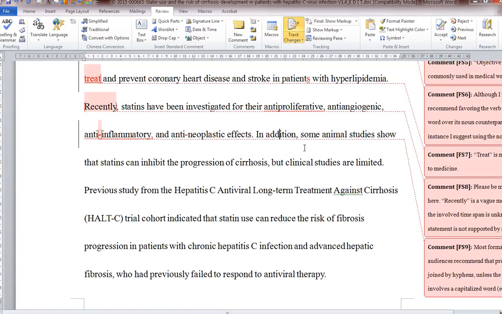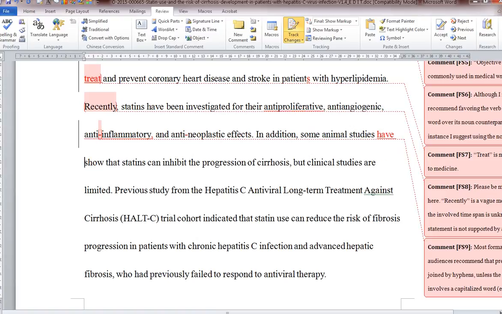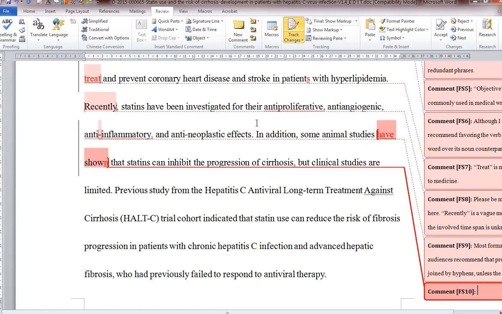Okay, in addition, some animal studies show, okay. Depending on the style, one might want to use the present tense in describing previous research. However, unless we are informed otherwise by the author or the target audience, we generally follow a convention that uses the past tense or the present perfect tense to refer to previous research.